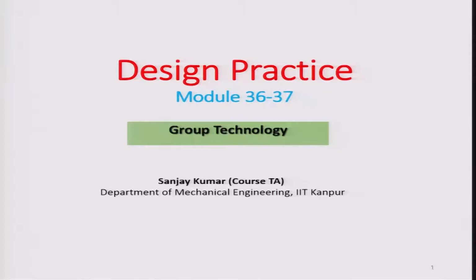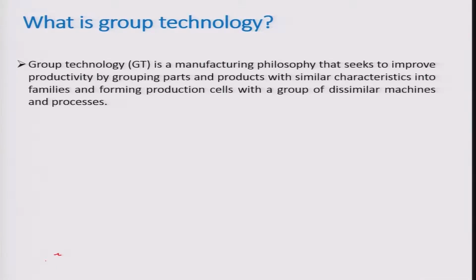Today we will study a new topic that is called group technology. In this topic you will learn how to organize the workshop, where machines will be assembled and parts will be distinguished from each other. Group technology is a manufacturing philosophy that seeks to improve productivity by grouping parts and products with similar characteristics into families, and forming production cells with a group of dissimilar machines and processes.